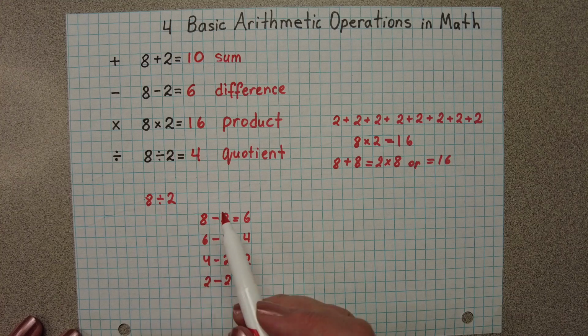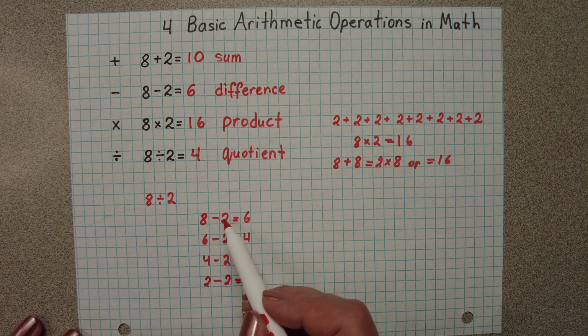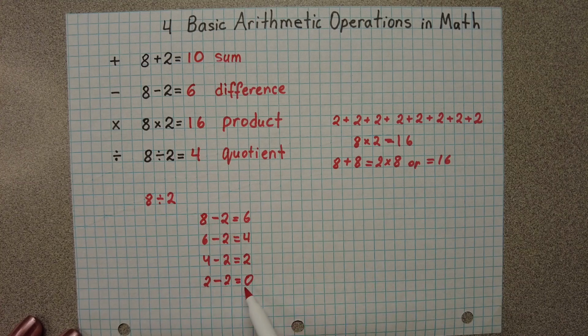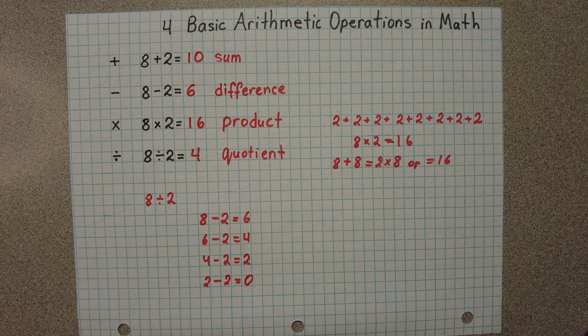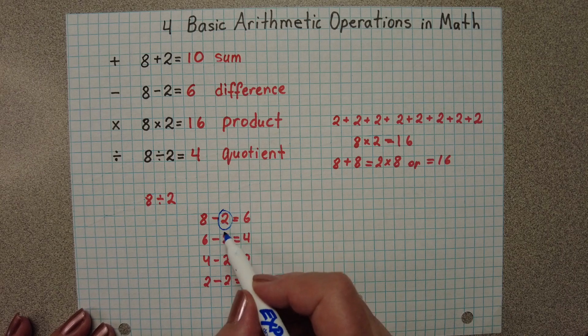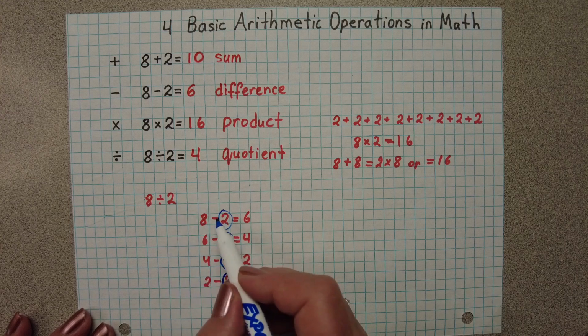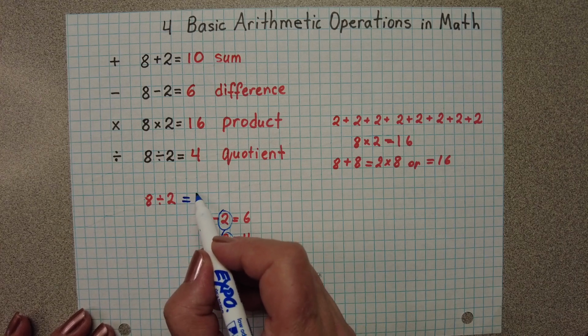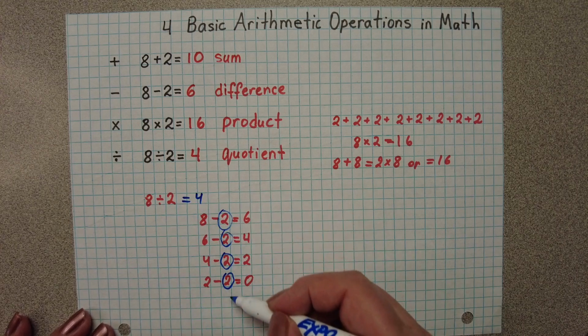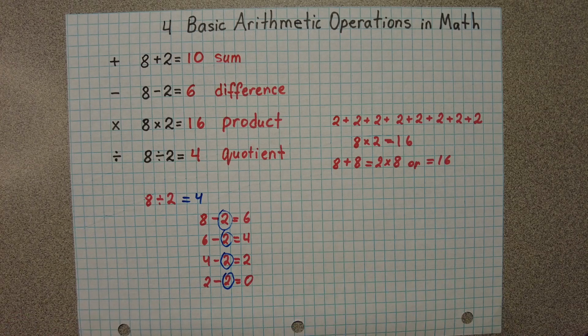How many times we subtract out of 8 to get to 0? We subtracted 1, 2, 3, 4 times, and we got 0. So 8 divided by 2 equals 4, and it's also repeated subtraction. But we don't use this mostly.